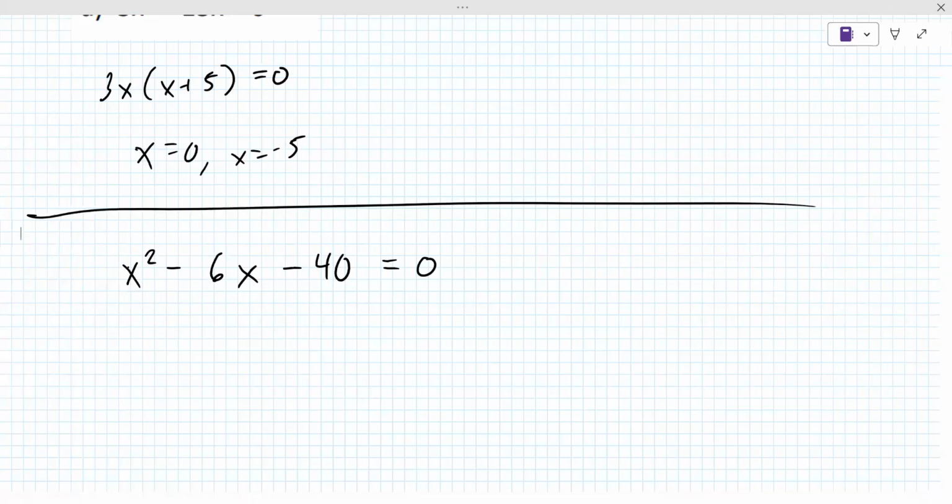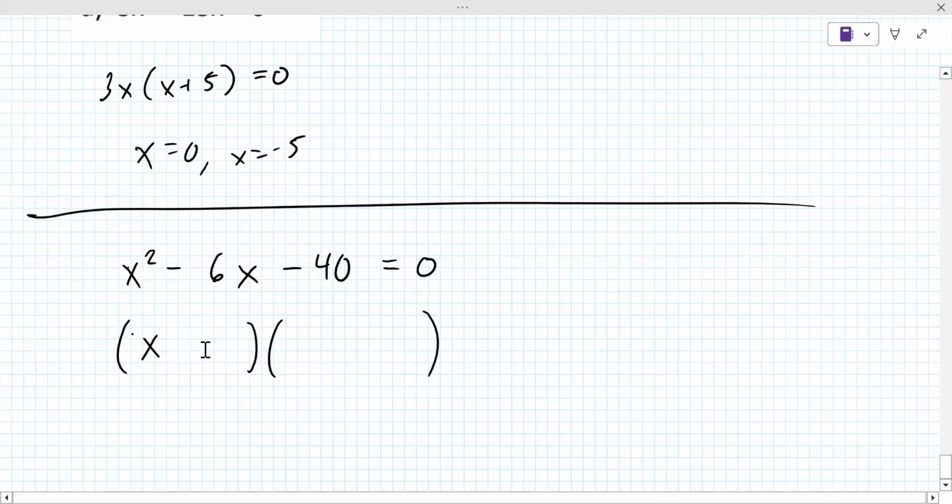Okay, I agree. Negative 10 and 4. Then x squared plus 4x times negative 40 minus 10x.